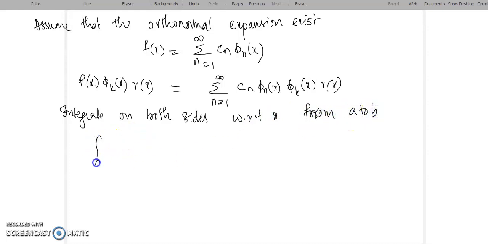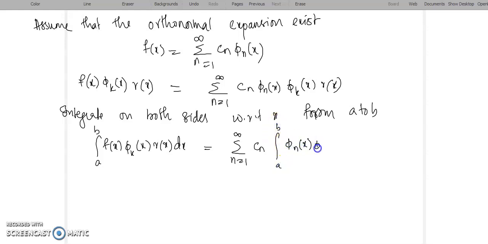So that will give integral a to b f of x phi k of x r of x dx equal to summation n equal to 1 to infinity, cn is constant, integral a to b phi n of x phi k of x r of x dx.